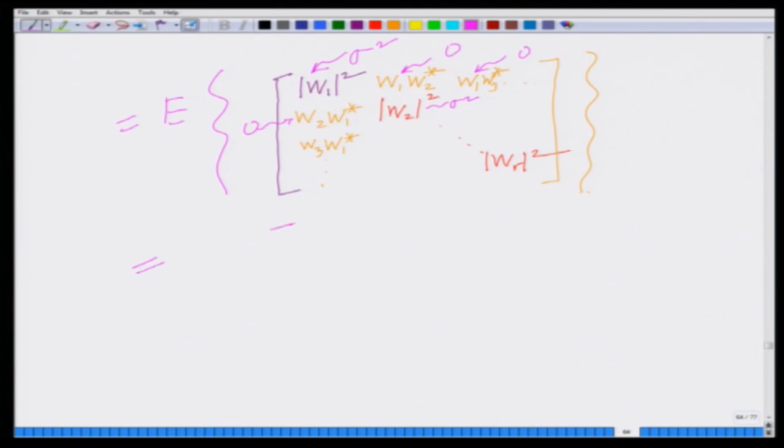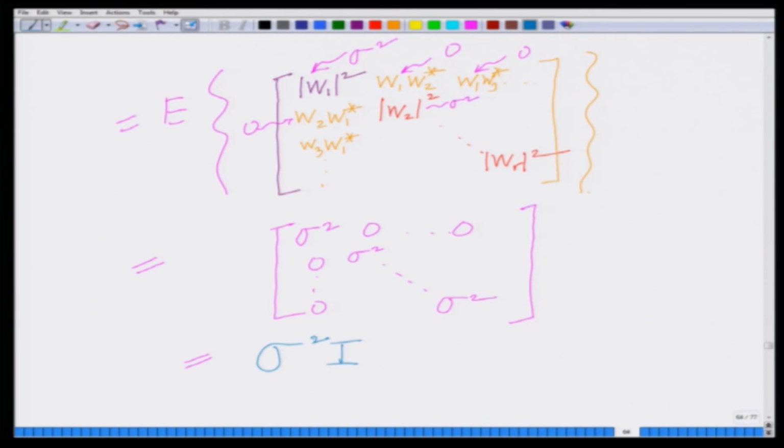Therefore, the expected value of this matrix is a diagonal matrix with each element on the diagonal equal to sigma square, and the rest of the entries equal to 0. If I bring the sigma square out, this is sigma square times the identity.